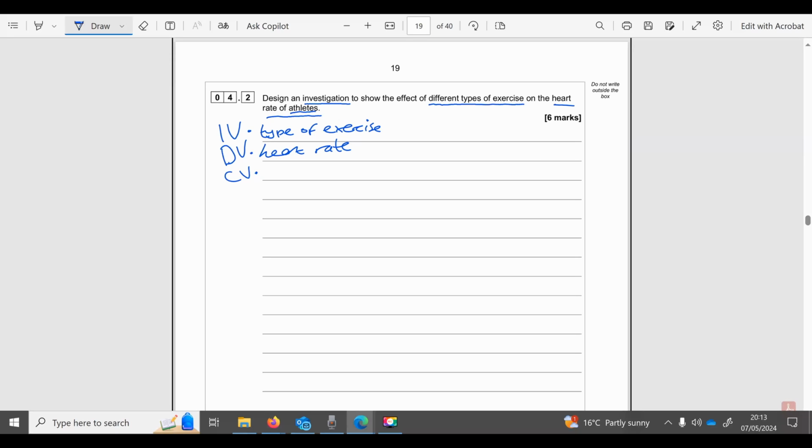So we want to try and keep some things the same about the athletes. What could vary a lot, which could influence the heart rate? First thing is their age. So the age should be similar.